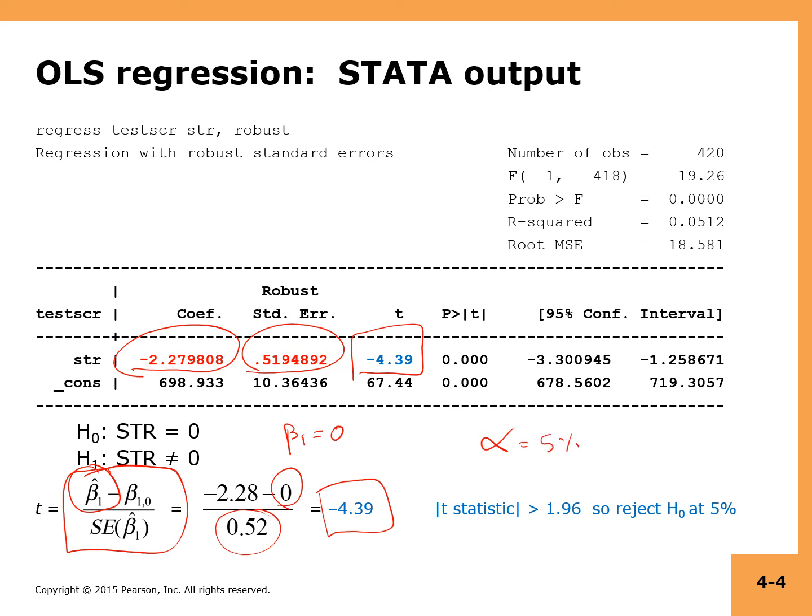The critical value is 1.96, and you can get this either from the table in the back of your textbook or from the website. You know that the test statistic that you calculated, negative 4.39, has an absolute value greater than 1.96. So we reject the null of beta 1 equaling 0 at the 5% significance level.